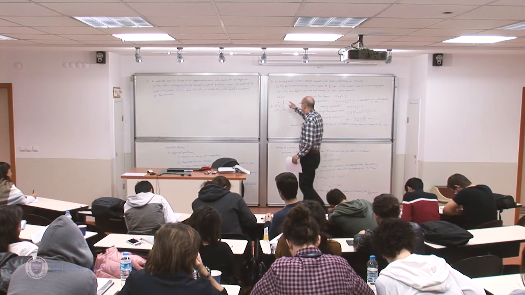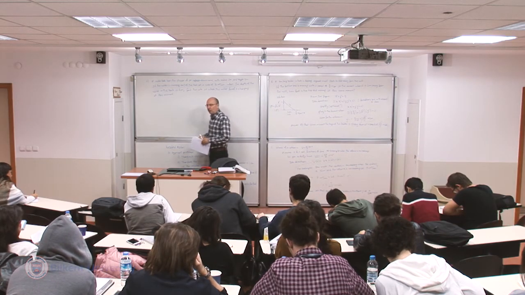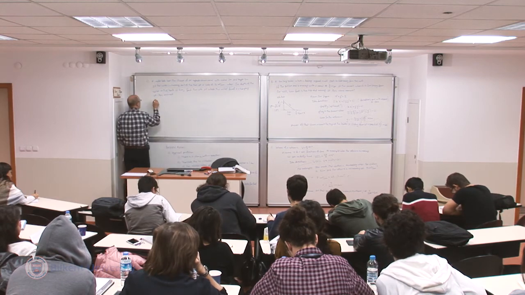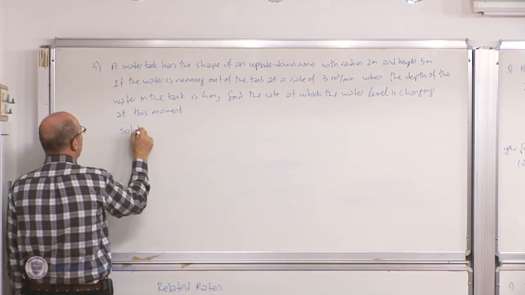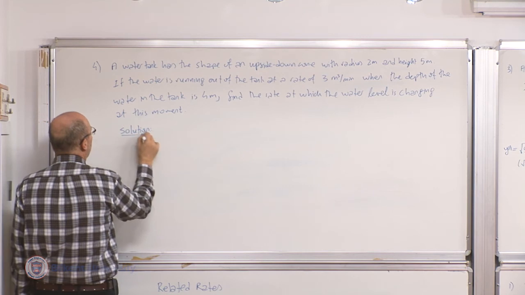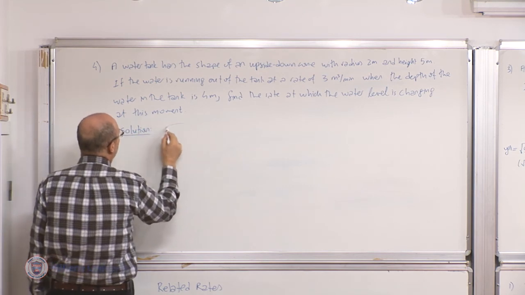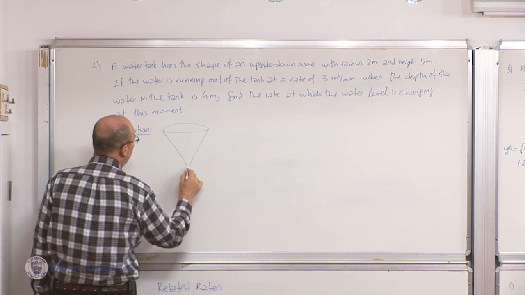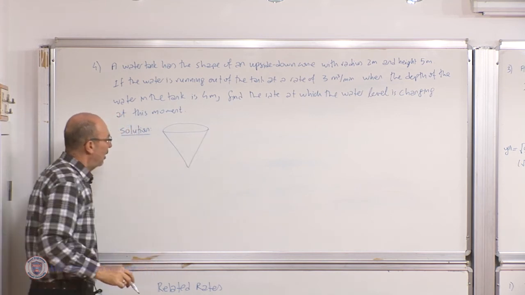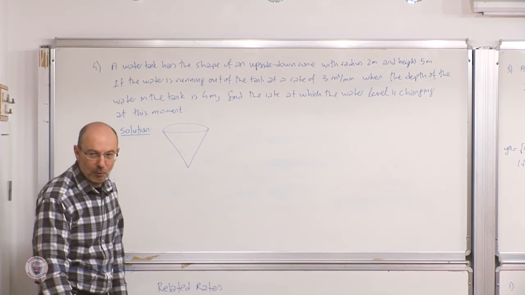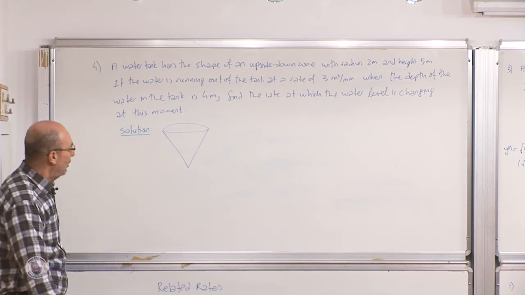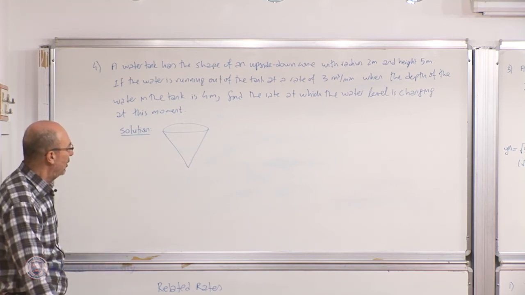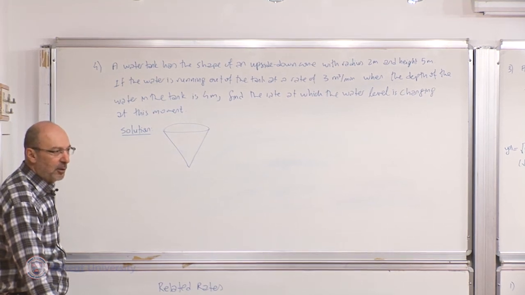So again, in the solution, I draw something to help me. Water tank is something like this. Well, this is a calculus tank. I have a tank in my garden which doesn't look like this. Of course, when you are constructing a tank, normally there are lots of other parameters.